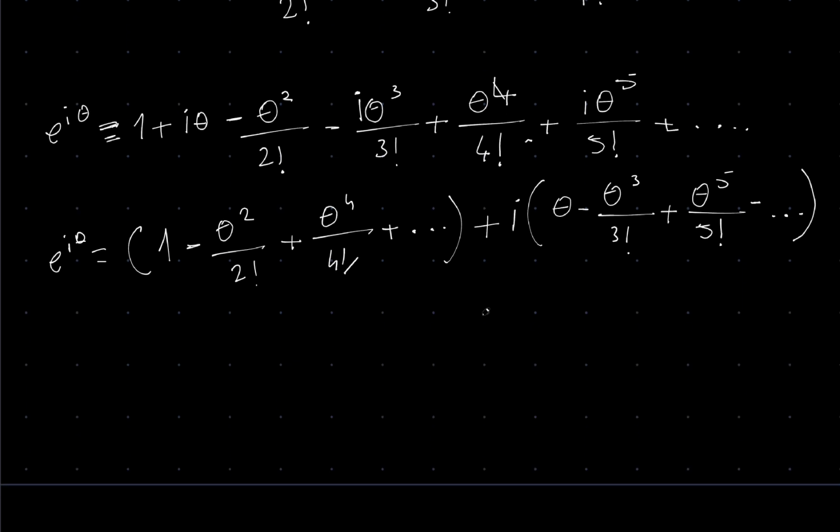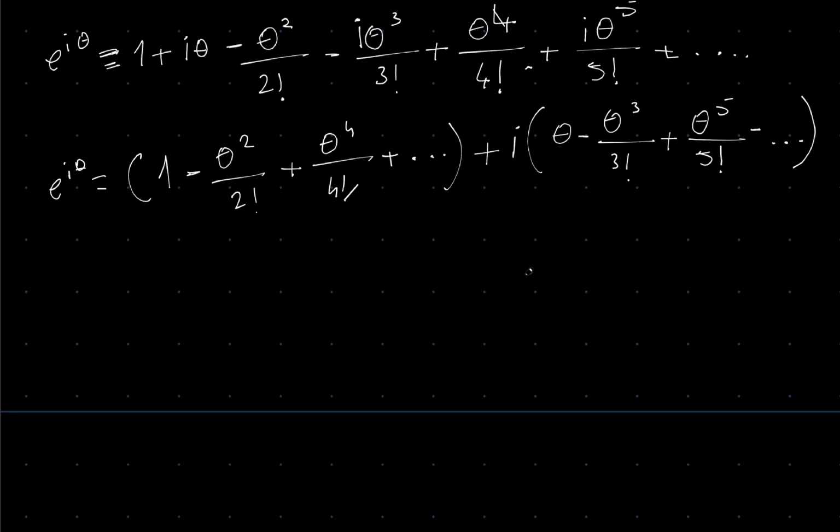So there are also two Taylor series actually here, right? This one and this one. These are also summations of some special functions, and this one is equal to cosine theta, and this one is equal to sine theta.